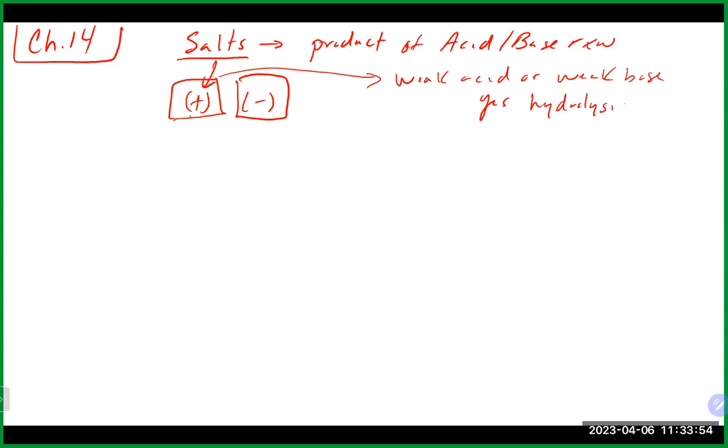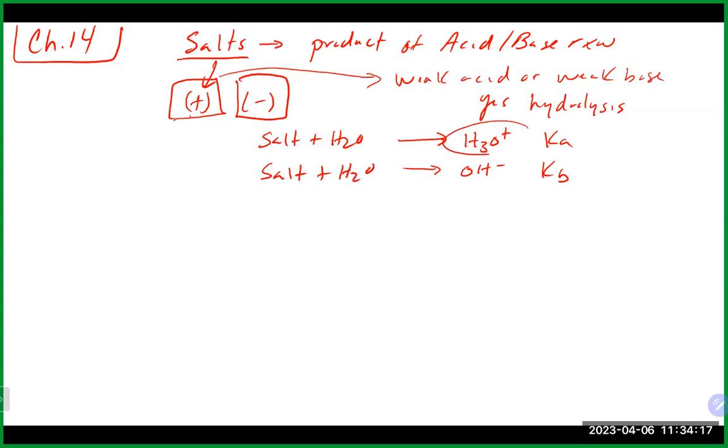And depending on what it will act like, either an acid or a base, you will produce either H3O plus, which, as we've been talking about, you do need a Ka value for, or you will produce hydroxide as a result of that salt plus the water. Obviously, you will produce something else there, but the main part in terms of the pH is you'll either see hydroxide or H3O plus on the product side.